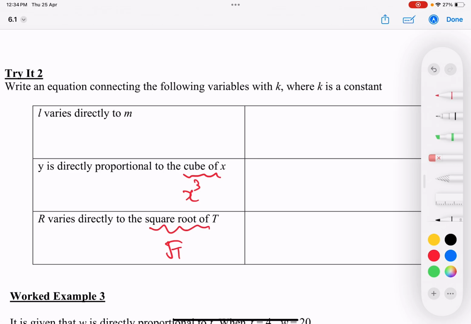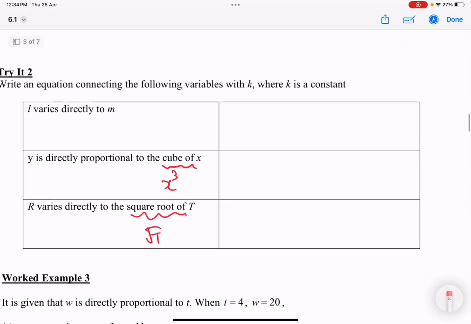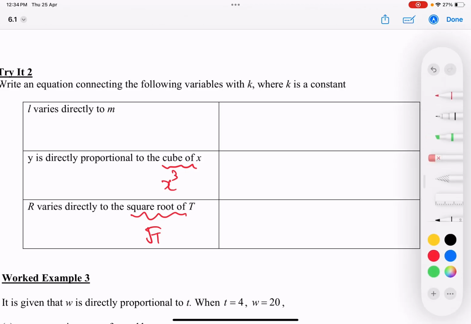Okay, come, let's go through this together. L varies directly to m. So how do you write this? Sorry, it's not i, it's L. L equals km. Okay, let me finish this. Next one.